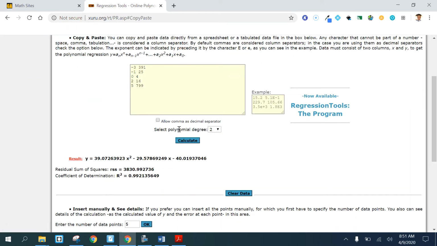So this is trying to see if it's a quadratic, degree 2. You see it gives us an equation, but what we need to pay attention to is this r squared value, 0.9921. Let's round off to 4 decimal points.